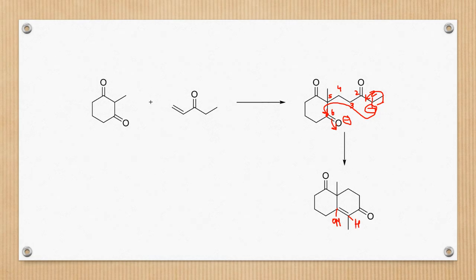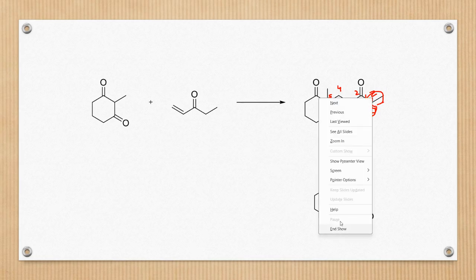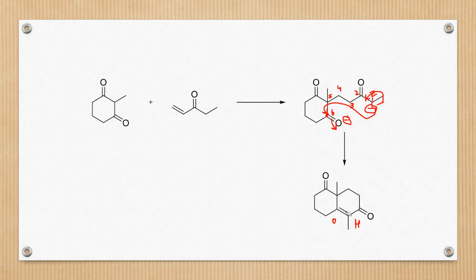So after the dehydration, this alkene is getting generated, because the driving force is that after the dehydration you will get an alpha beta unsaturated ketone that is highly stabilized. So that is why a dehydration step is also taking place, and you will get an alkene generated at this position.